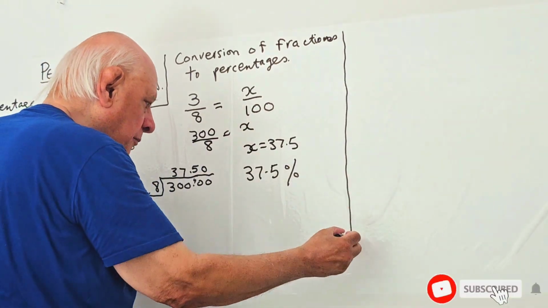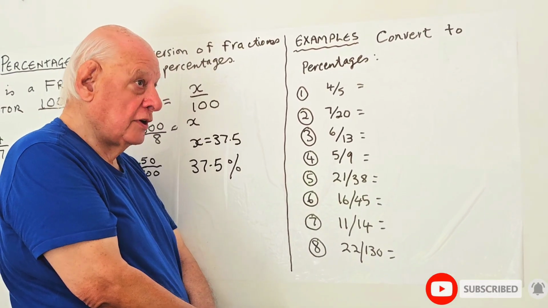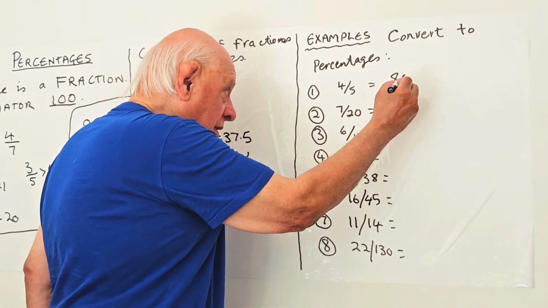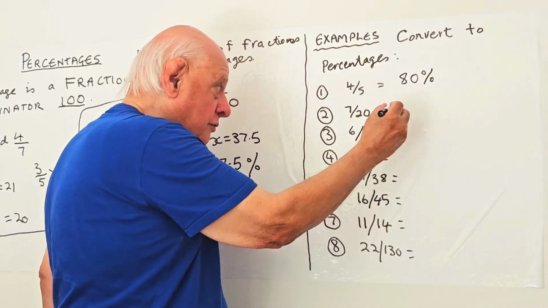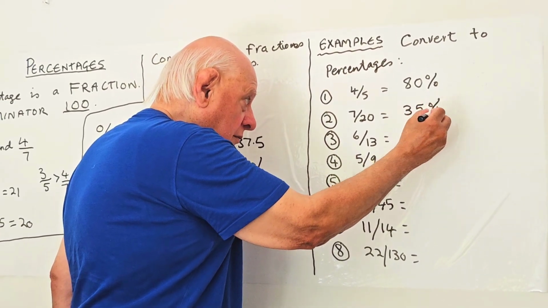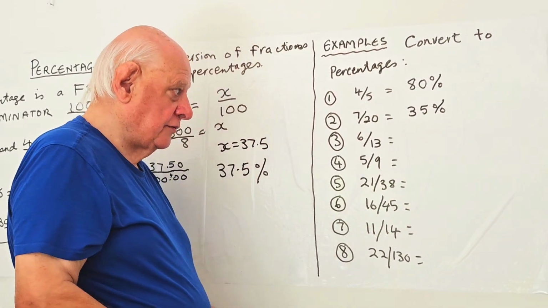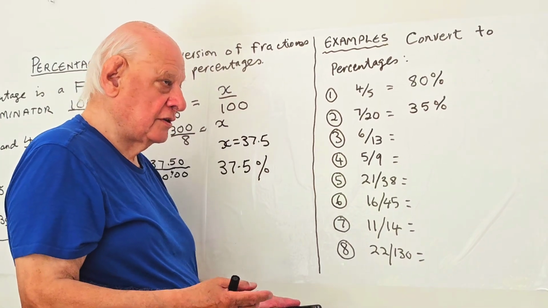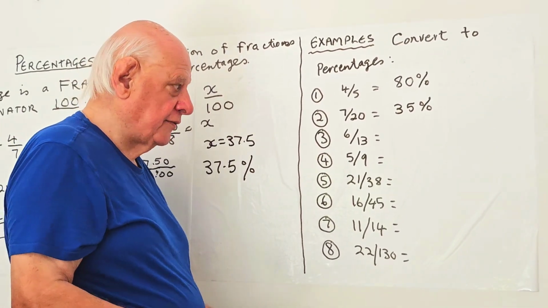So what I'll leave you with is just a few examples, some fractions into percentages. The first one is one you should already know, that is 80%. And this one you should also know is 35%. The rest of them, what you need to just do is divide 6 by 13, and you could use a calculator for this because here the test is not to see whether you can multiply or divide, but simply obtain a fraction.